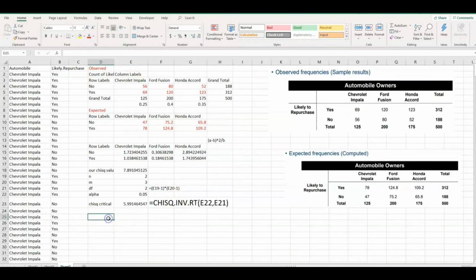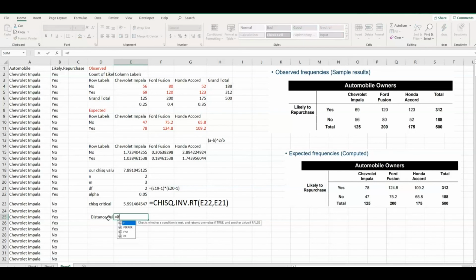And so this is our decision rule. The first one is distance. The distance rule: if our chi-square value is higher than the critical value, then we reject.